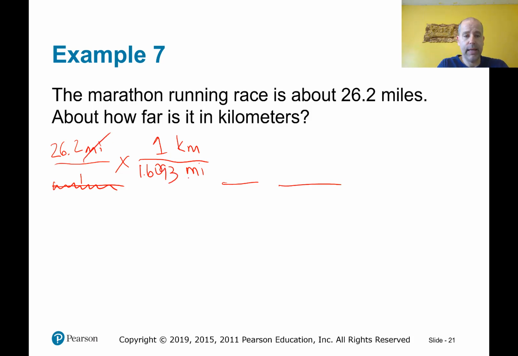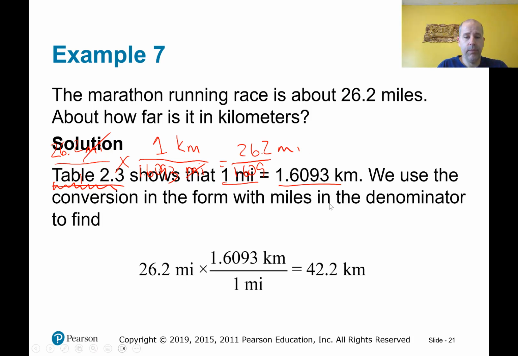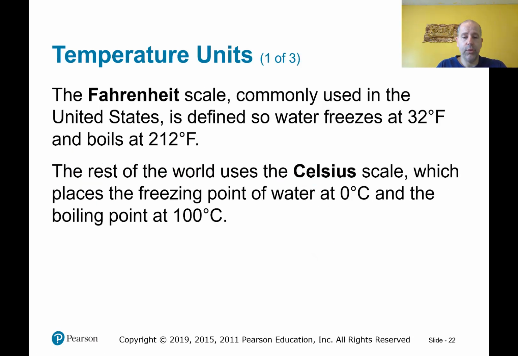So the miles cancel, and we end up with 26.2 miles divided by 1.609, right? And so that's going to give us an approximation of 42.2 kilometers.